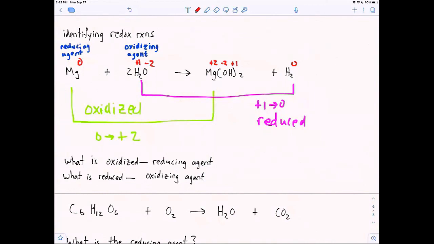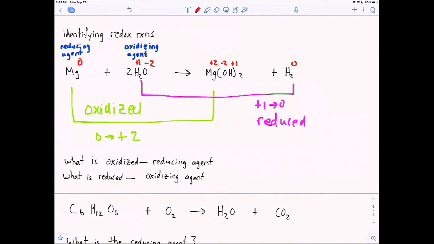And in magnesium hydroxide, magnesium is +2, oxygen is -2, hydrogen is +1. So what is changing? The magnesium is being oxidized. It is losing 2 electrons. And there are several hydrogens. 2 of the hydrogens are absorbing 1 electron each to go from +1 to 0. And 2 of the hydrogens, nothing happens, they stay bound.